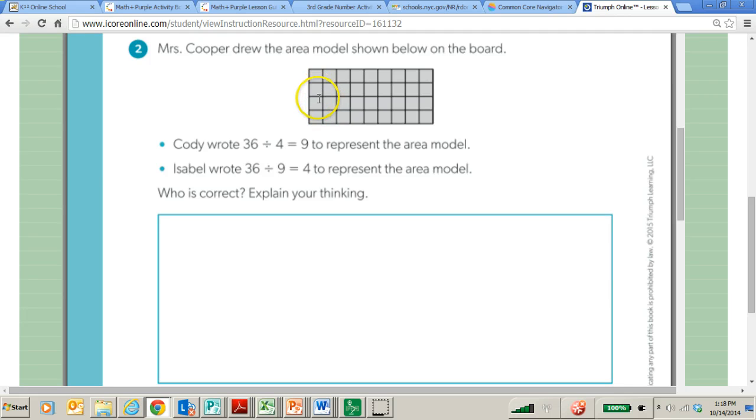We could divide it into 4 equal groups, 1, 2, 3, 4 going across, and there would be 9 in each group, or we could divide it into 9 equal groups going up and down, and there would be 4 in each group. So it's important for students to realize that it doesn't matter if we divide the 36 by 4 first or 9 first. This model represents both ways just fine.